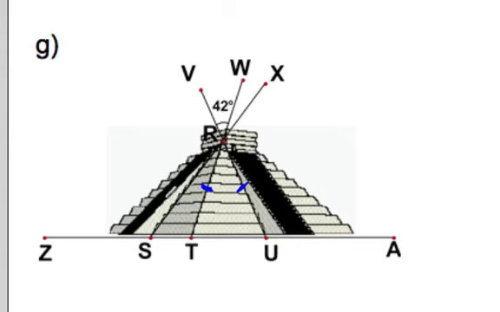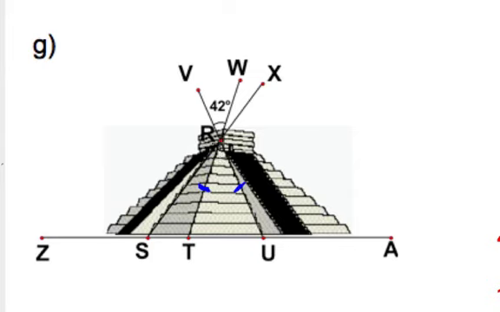And this is important because what we have is a triangle, RTU. And so this triangle here is an isosceles triangle.